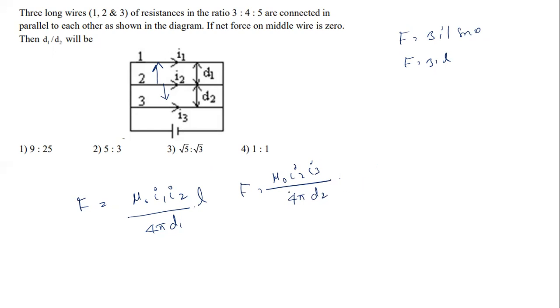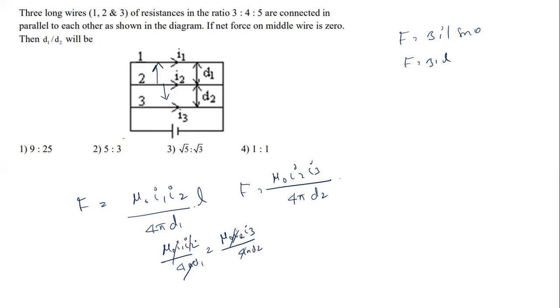So then equate the equation, what you get: mu naught I1 I2 by 4 pi D1 is equal to mu naught I2 I3 by 4 pi D2. 4 pi mu naught is common here.